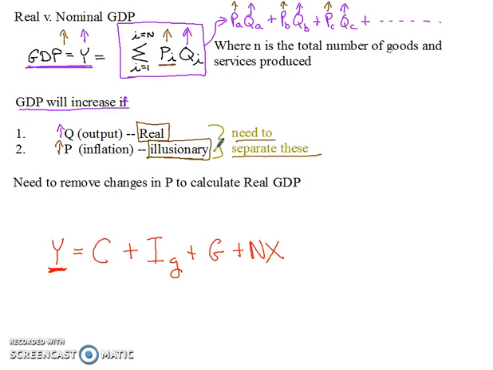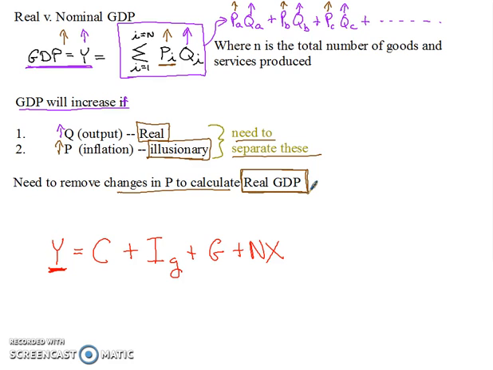So we have to have some way to remove changes in the price so that we can calculate what is called the real gross domestic product. And that's what economists ultimately care about.